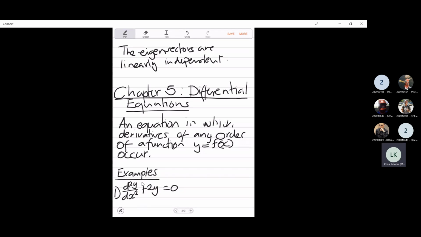So just playing around with that, you can imagine that this might have something to do with sine or cos, or maybe e to the power of something. But again, we do have techniques that we use to solve it. It won't just be guesswork that you have to use to solve them. But this is an example of a differential equation.